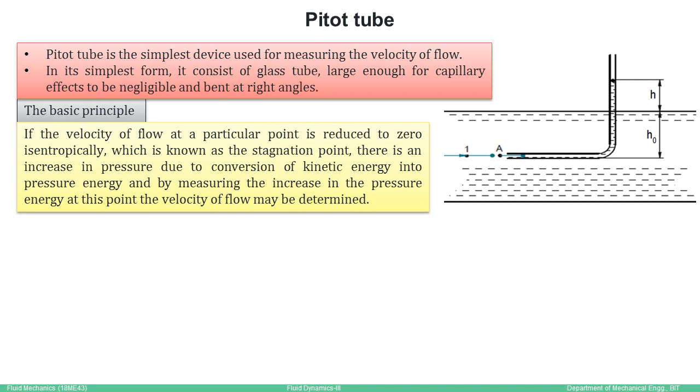There is an increase in pressure energy due to the conversion of kinetic energy, because the fluid had energy because of its movement, and that energy is stopped isentropically, that is reversibly and adiabatically, so that this kinetic energy is converted into pressure energy, that is dynamic pressure. By measuring this increase in the pressure at point A, we can find out the velocity of flow.